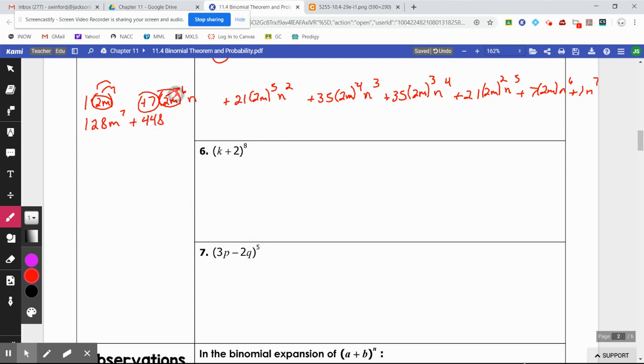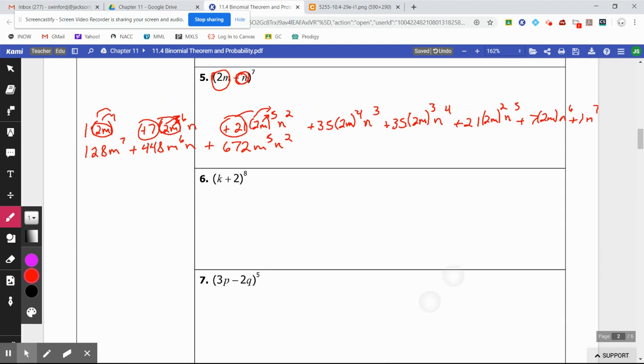Now we also have to raise m to the 6th and the n, plus we have 2 to the 5th, m to the 5th, and then 2 to the 5th power is equal to 32, but not only that, we have to multiply 21 times that, so times 21. So 672 m to the 5th, n to the 2nd.